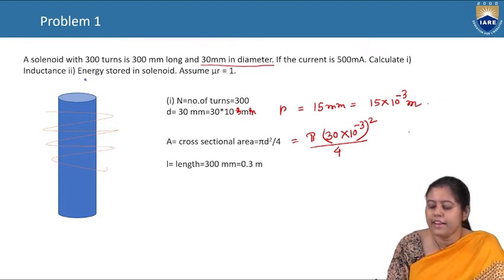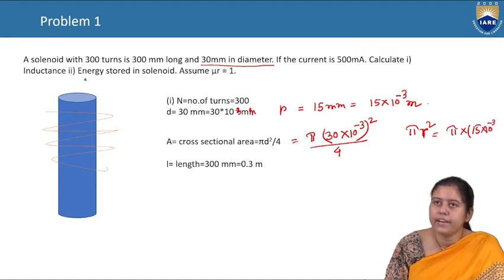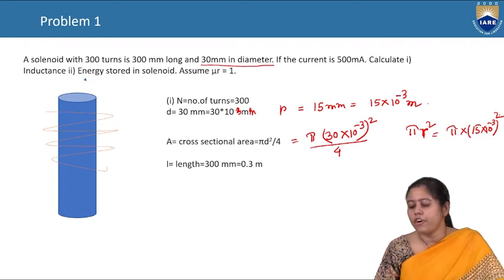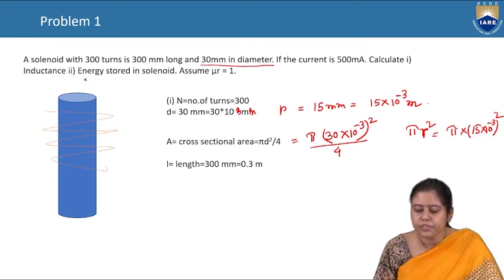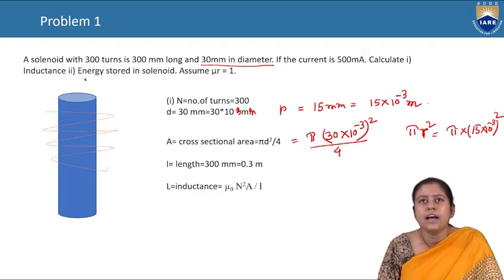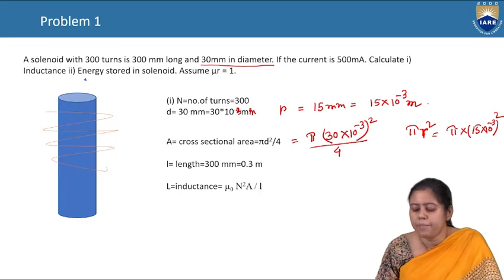In that case, the cross-sectional area is pi r square, means pi into 15 into 10 to the power minus 3 square. We can use either formula. The length is given. So what is the formula? Already we have discussed the solenoid formula, and it is mu naught N square A by L.